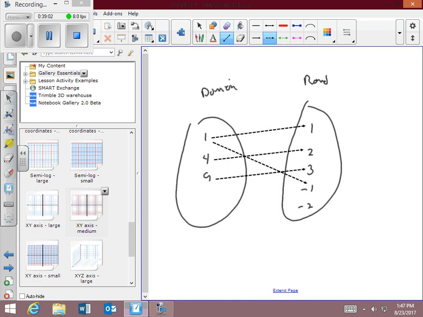And then the fifth one says 4 is associated with minus 2. Now, what are you seeing? That this one has 2 tails, and this one has 2 tails. Those relationships then constitute no function.